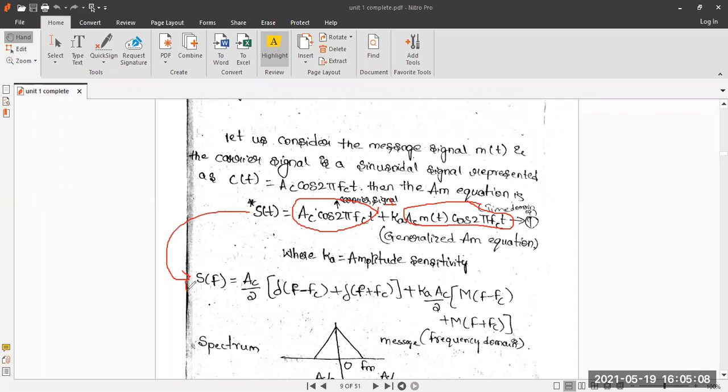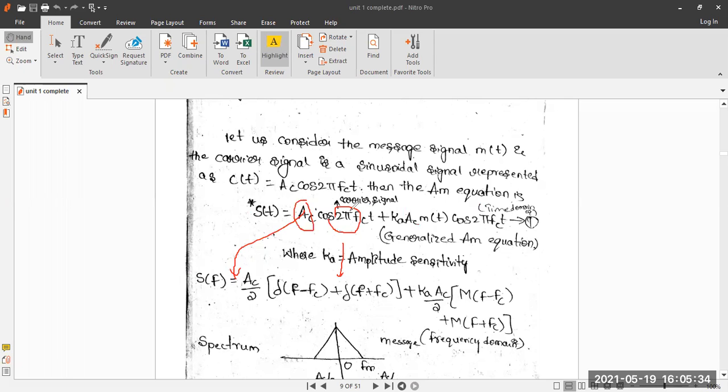Here the amplitude becomes half, and the Fourier transform of cos 2 pi fc t is an impulse function. You already did this in signals and systems, so we write the equation directly.